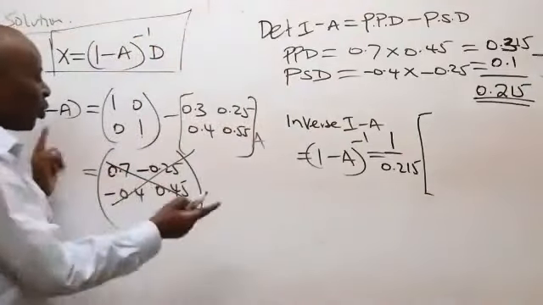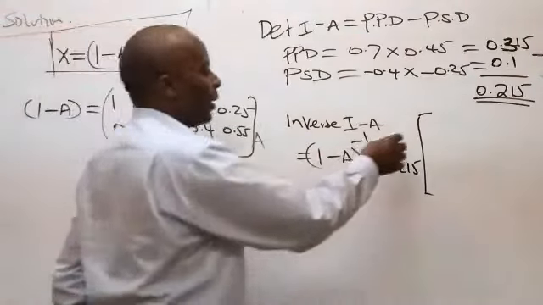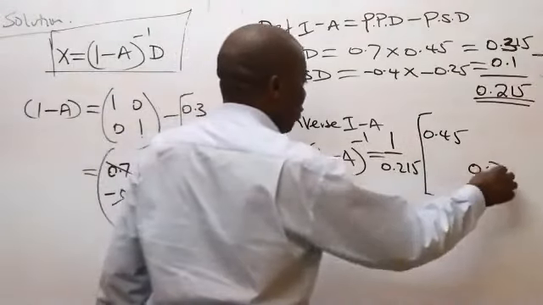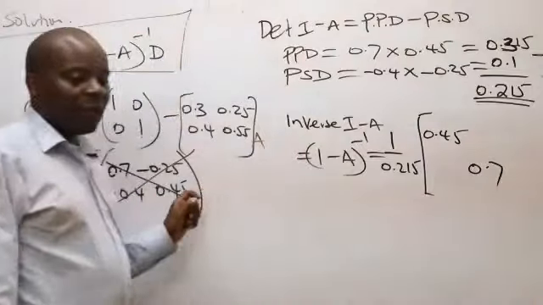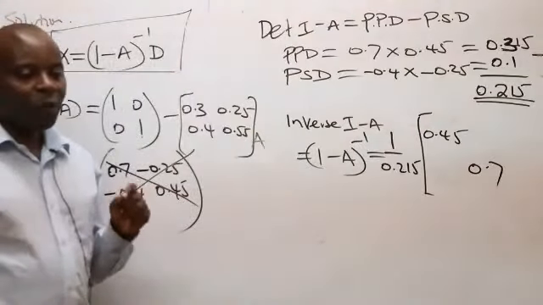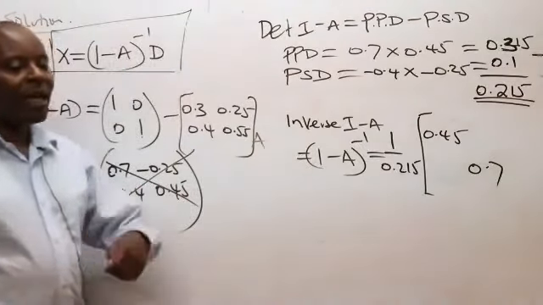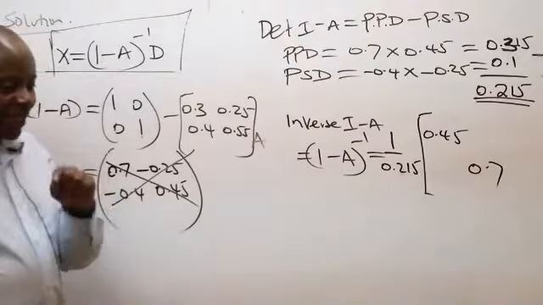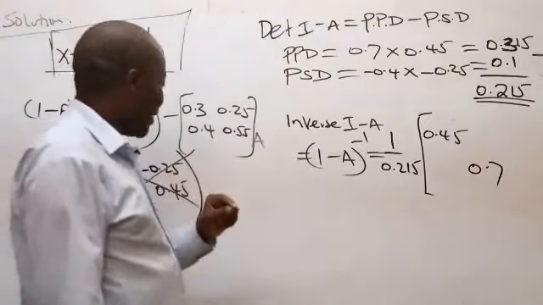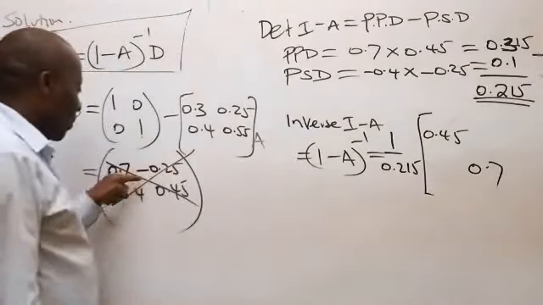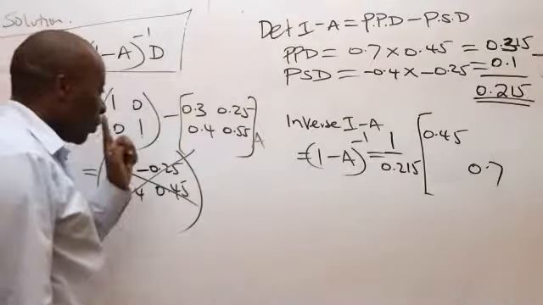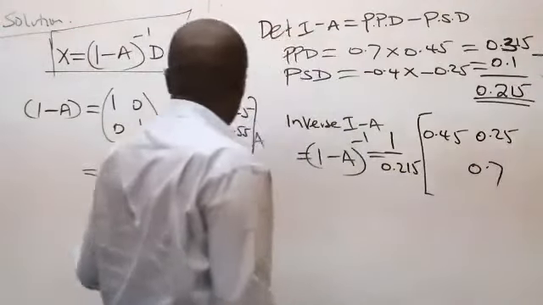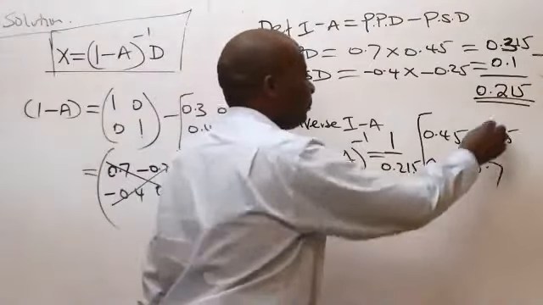Primary elements, we always swap their respective positions. So 0.45 goes up there, 0.7 goes down there. How about secondary elements? We change their signs. We retain their positions, but we change their signs. This was a negative, so we have here 0.25 and here 0.4.